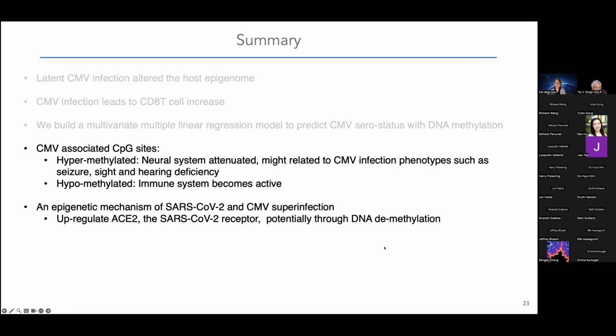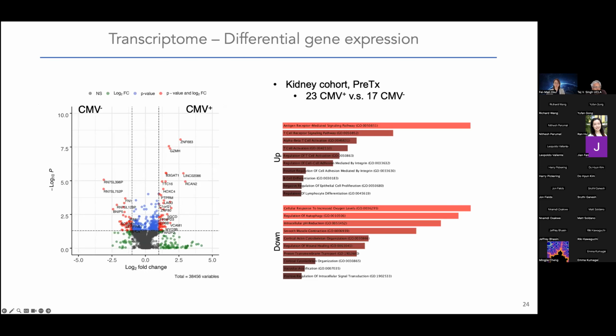Okay. So last, we're trying to verify the methylation data with transcriptomes. We also got some transcriptomic data from the kidney cohort. The numbers are listed here. We're trying to find the differentially expressed genes between these 2 populations.